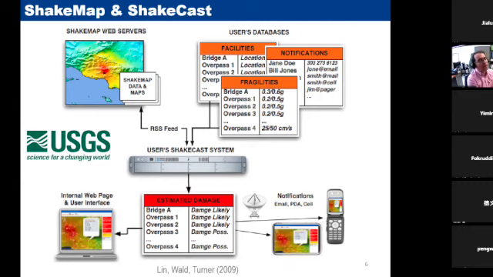ShakeCast takes those data as input and maps them onto the bridge map, does a kind of probability analysis, and figures out which bridges under that particular earthquake need immediate attention. Those with higher intensity, closer to the epicenter, so you know which bridge you need to inspect first.